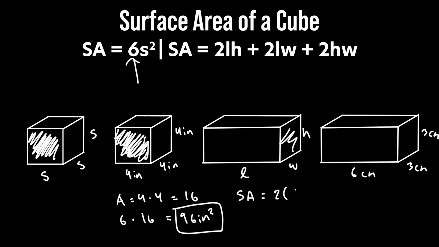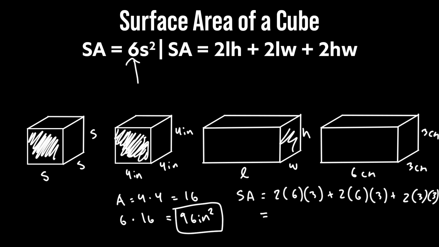So length is 6 and the height is 3 plus 2 times length times width. The length is 6 again and the width is 3 plus 2 times height times width. And the height is 3 and the width is also 3. So this is our equation.